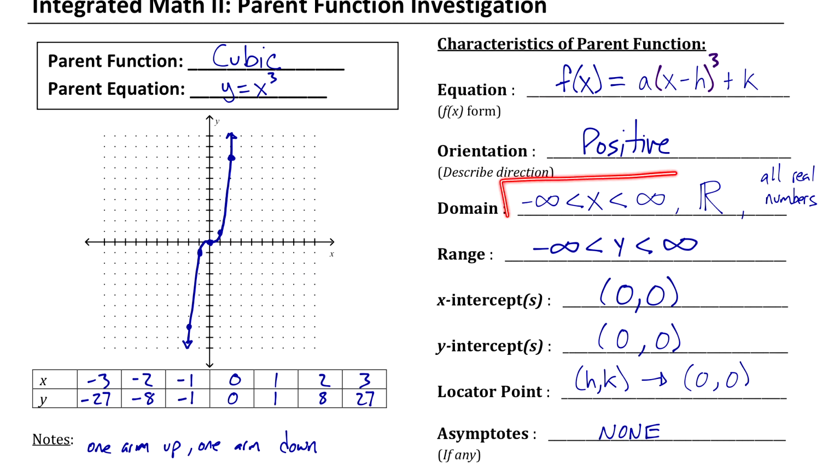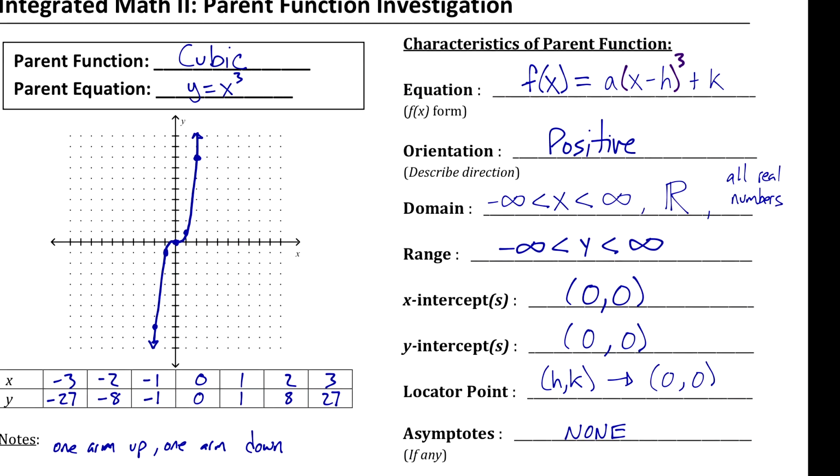For domain, we could pretty much plug in any x value. So anything from negative infinity to positive infinity. Another way of writing that is to say all real numbers. You could either write the words all real numbers, or you could use this mathematical symbol that looks like a capital R with a little bit of an extra bar on it.